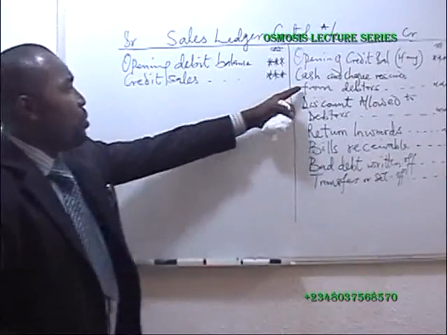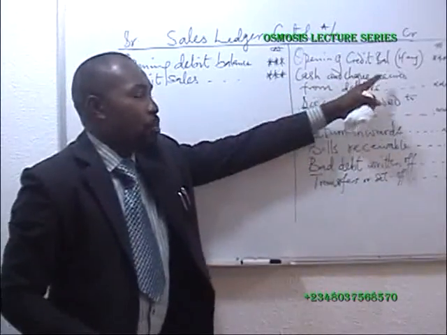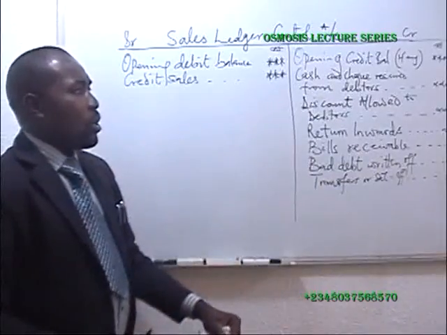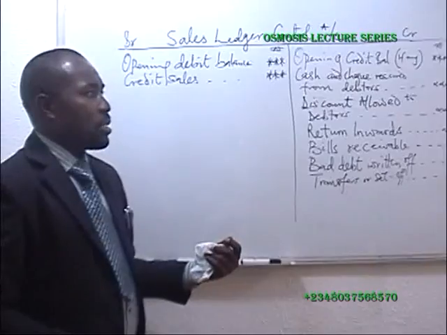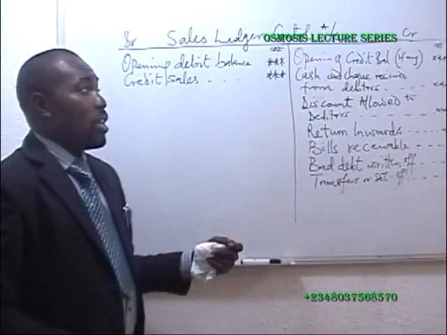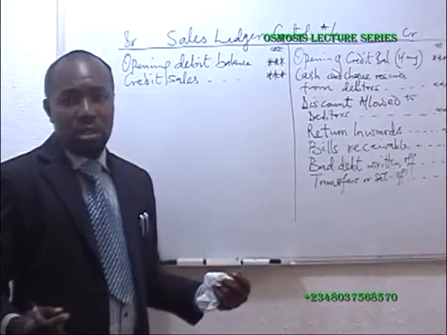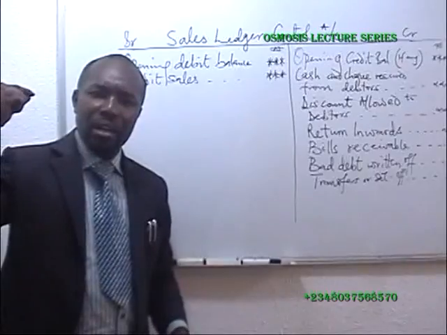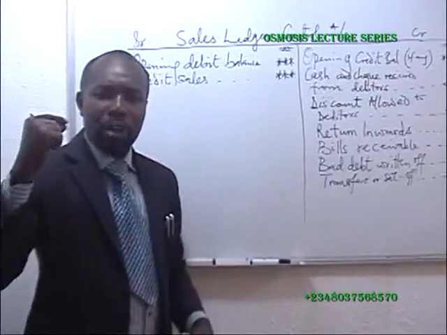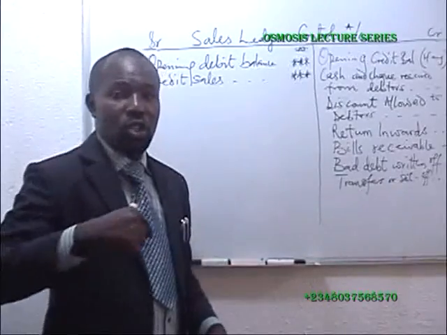You see, when you receive cash and checks, especially checks from your debtors, and you take them to the bank and present them for payment, eventually some of these checks may be dishonored. And when they are dishonored, you return them back, and for you to return them back, you have to debit your customer.